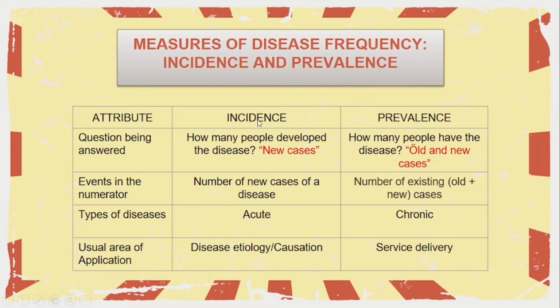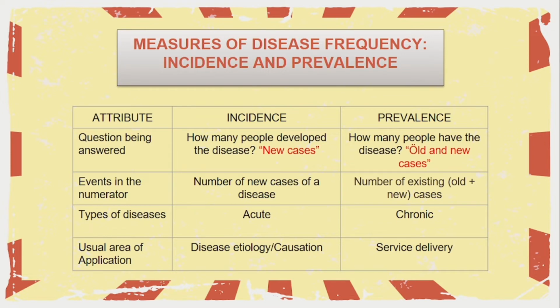Again, incidence, mga bagong kaso. Prevalence, if you're going to talk about the old and new cases. And then, events in the numerator of your incidence is the number of new cases of a disease. It will fall under the incidence. Ito yung mga pang-numerator mo. Meanwhile, for the prevalence, ang numerator natin yung mga number of existing old and new cases.